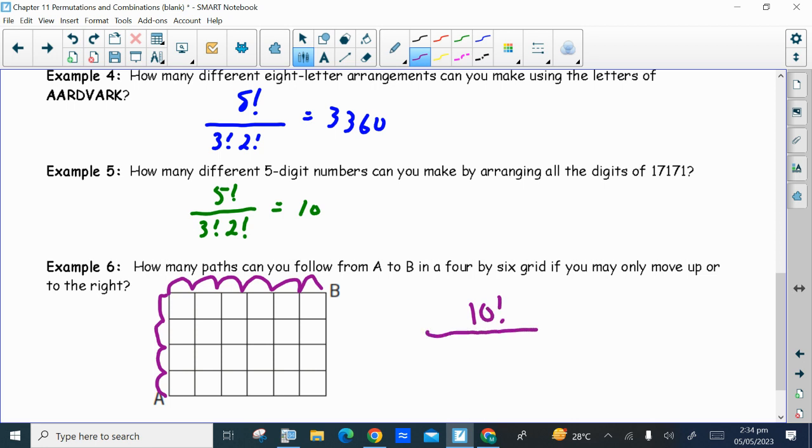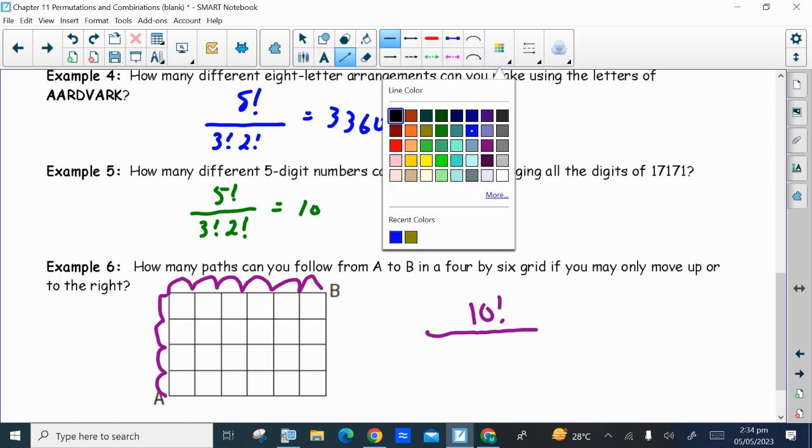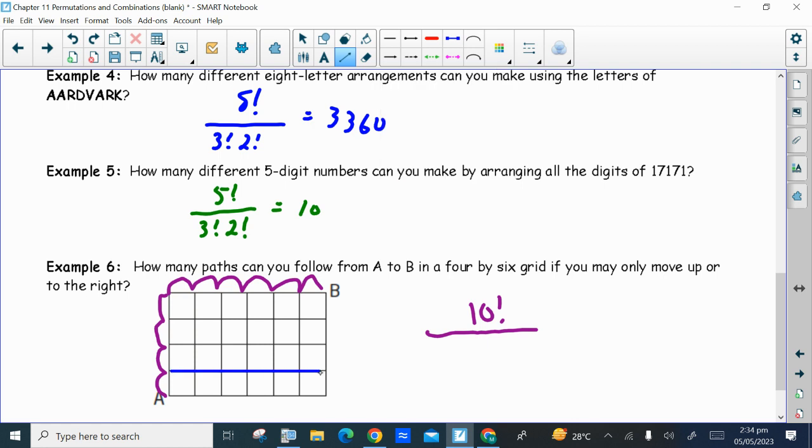However, once again, there is repetition. So remember, we don't start counting until we actually start moving. If I count the number of blocks that go west to east, that would be the first street that you would count, because you don't start counting until you move.